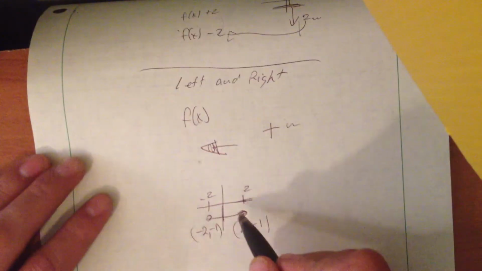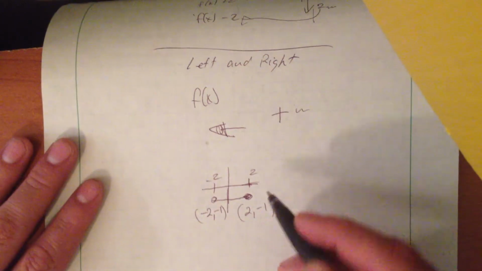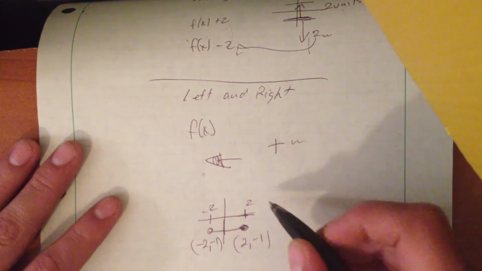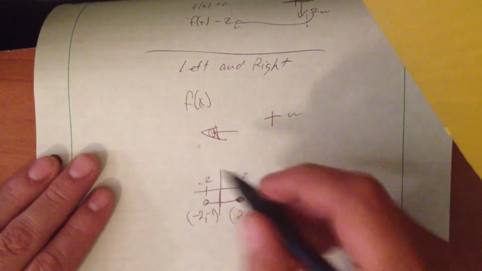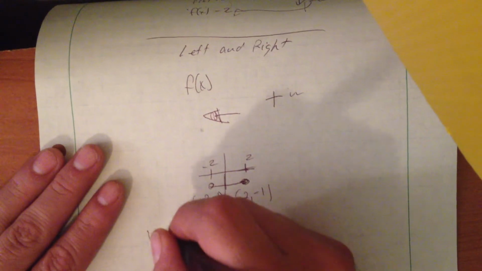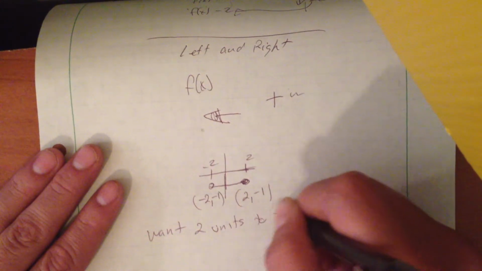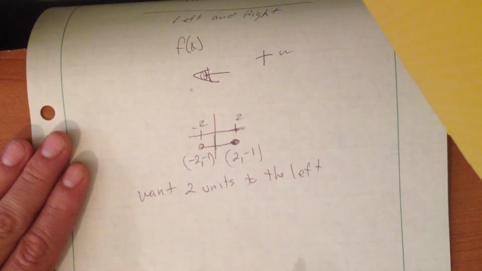In order for the graph to shift to the left, you have to add the units inside the function. So let's say you want to shift it 2 units to the left.